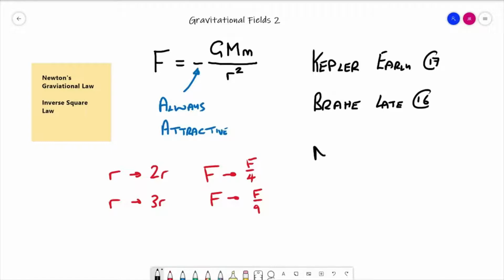After that, we know that we had Newton come along, and Newton did most of his work in the late 17th century. Just to give you a couple of dates, Kepler actually died in 1630, whereas Newton was born in 1642. So Kepler died 12 years before Newton was even born, so there was actually no crossover between the two.